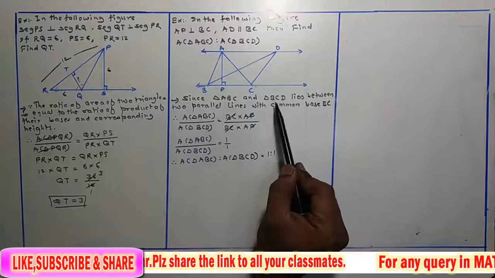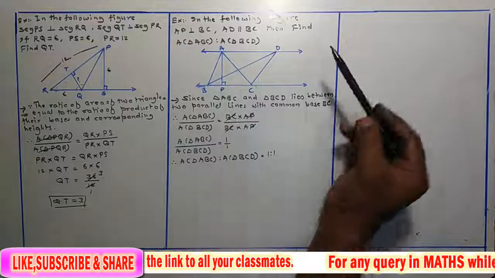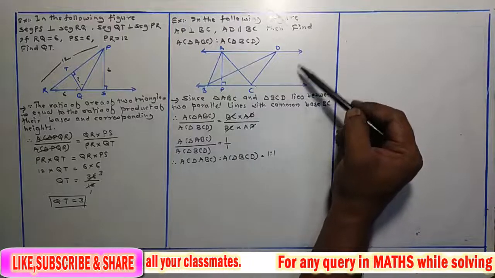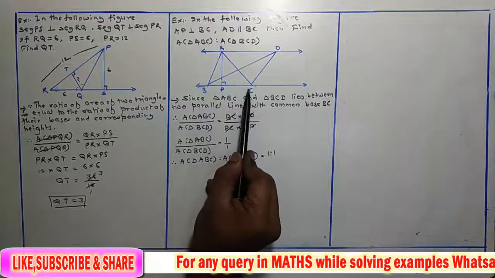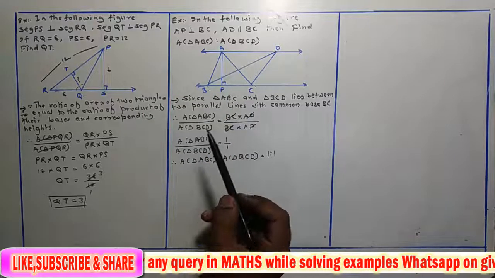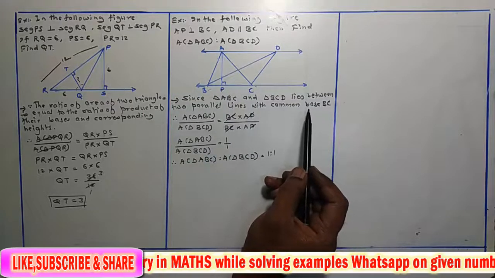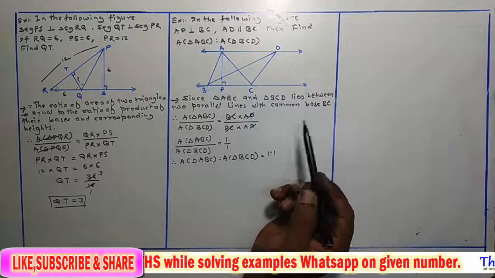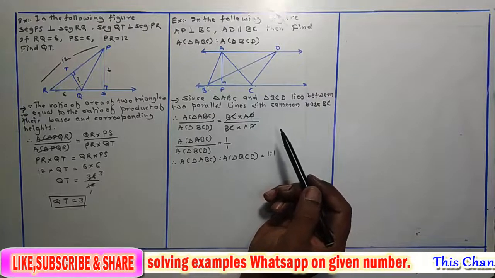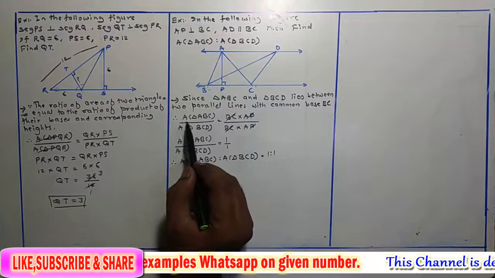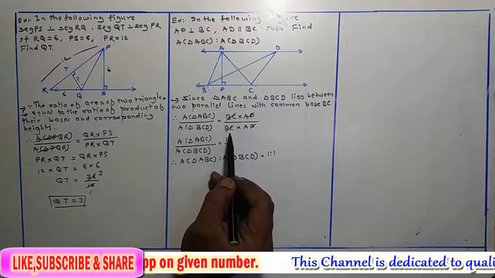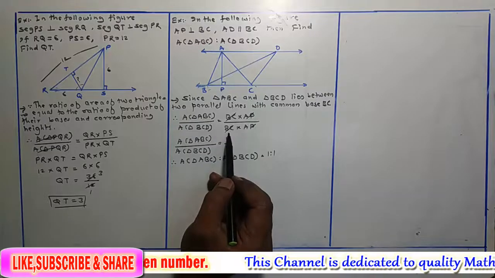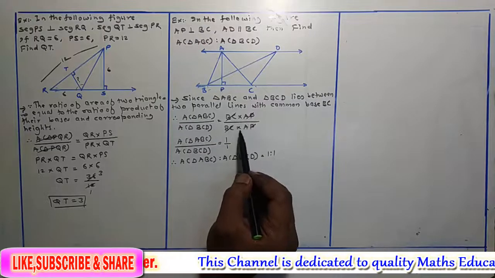Since triangle ABC and triangle BCD lie between two parallel lines, it is given in the question and observed in the figure, with common base BC, for both triangles BC is the common base, and we know that two triangles with equal base, we use that property also here. Directly we can write here area of triangle ABC upon area of triangle BCD is equal to BC upon BC, into AP upon AP.